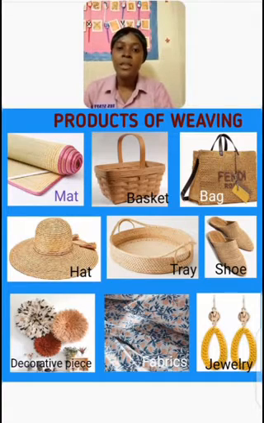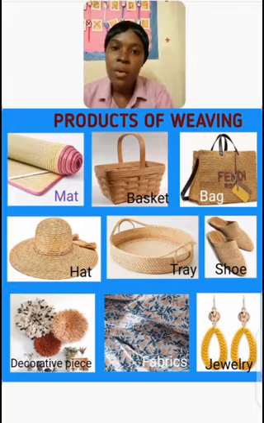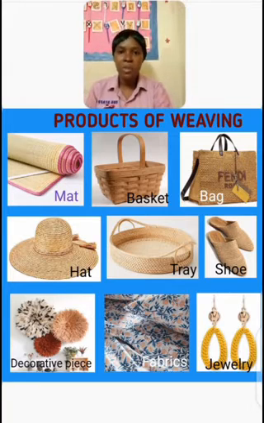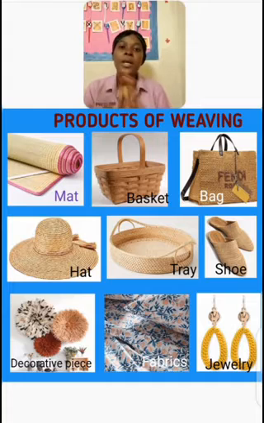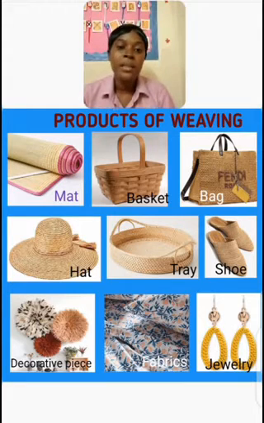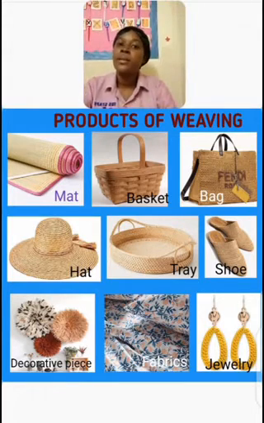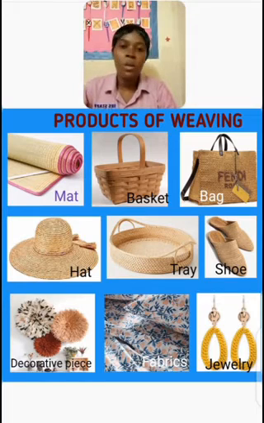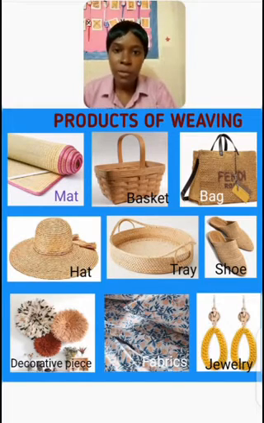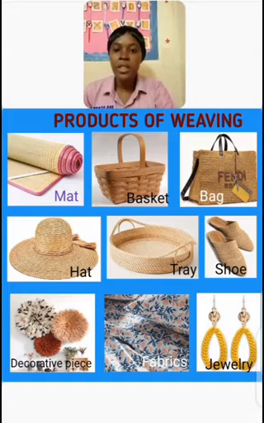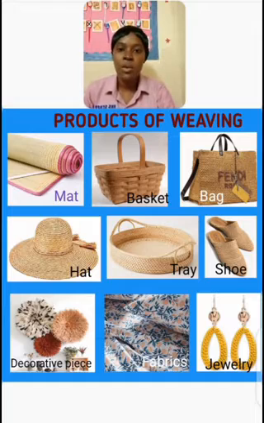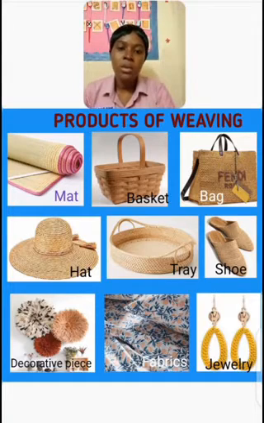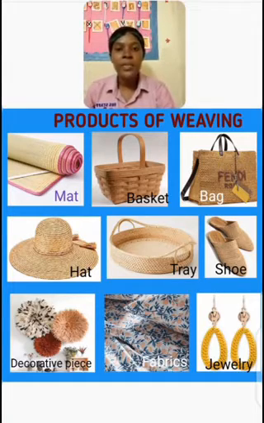Okay. Now the next one is a decorative piece. What do I mean by decorative piece? It's a piece of artwork that is created solely for decoration of a home or the office. So you can see the picture here of straw that was used to create a decorative piece on the wall. The next is fabrics.